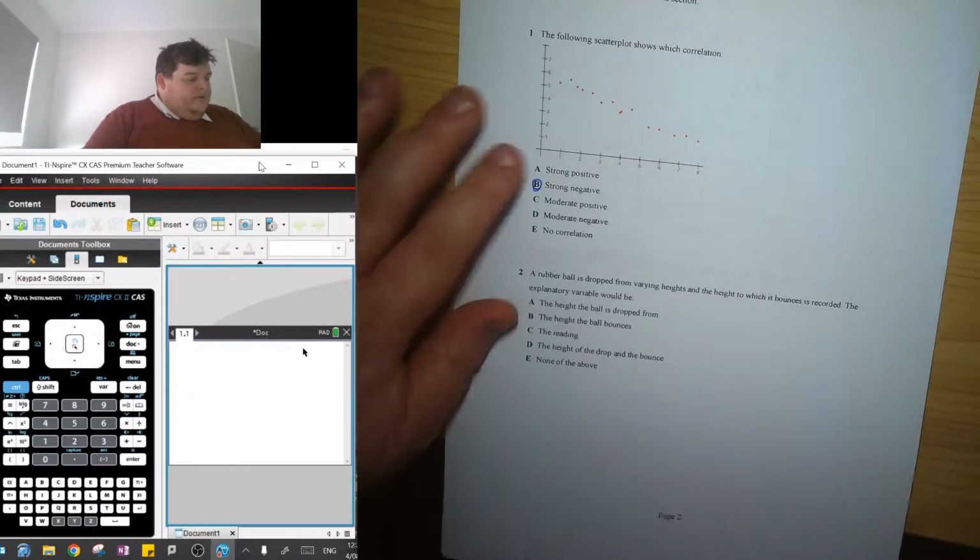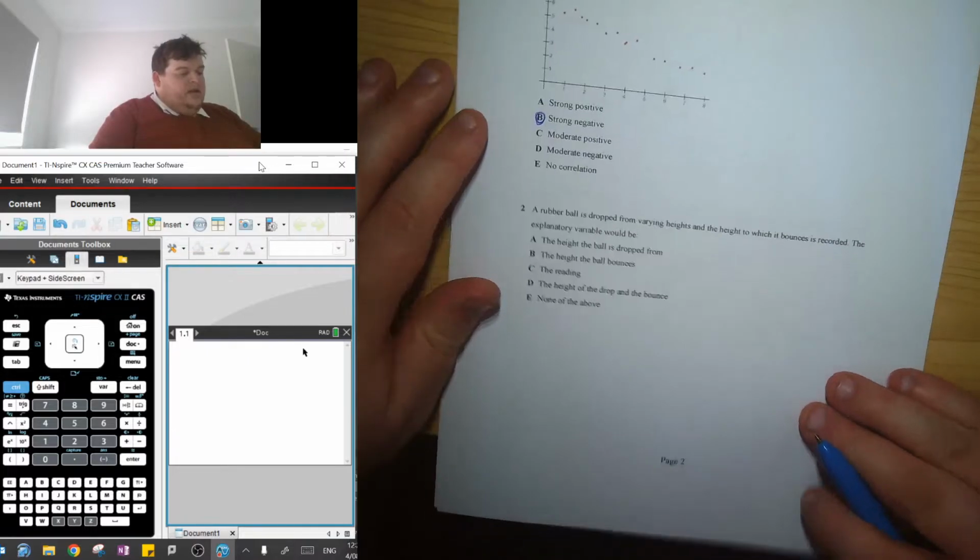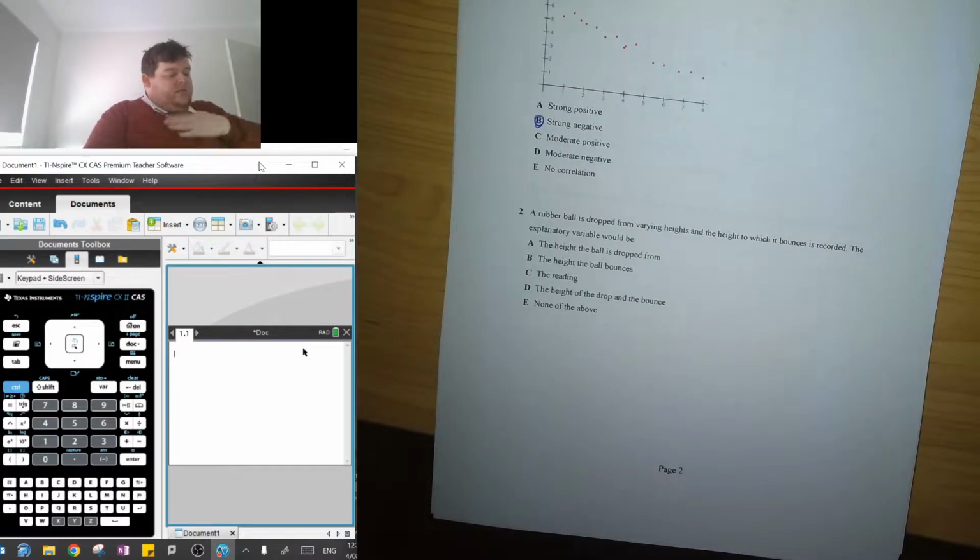Okay, a rubber ball is dropped from varying heights, and the height to which it bounces is recorded. The explanatory variable will be... Now, remember, explanatory explains the effect on the response, or the change in the response. So in this case, you've got to think, does changing the height that you drop the ball change the height that it bounces, or does the height that it bounces change the height that you drop the ball?